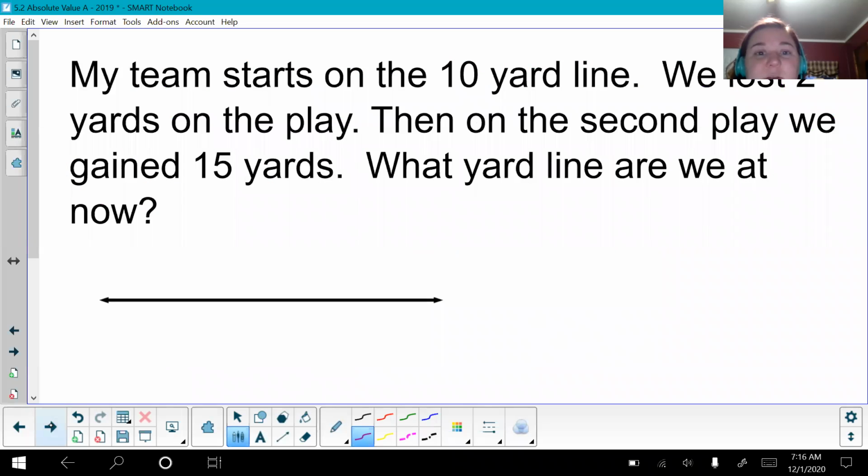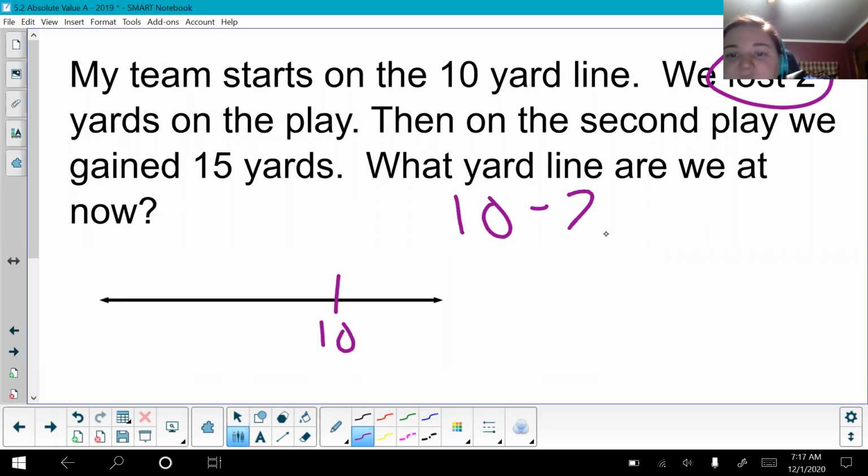Now, I'm going to be careful in these ones. Okay. My team starts on the 10-yard line. So we're somewhere here, 10 yards, right? Okay. Then we lost 2 yards on the play. So lost, meaning we went back 2. So where are we at now? We are at 8 yards, right?